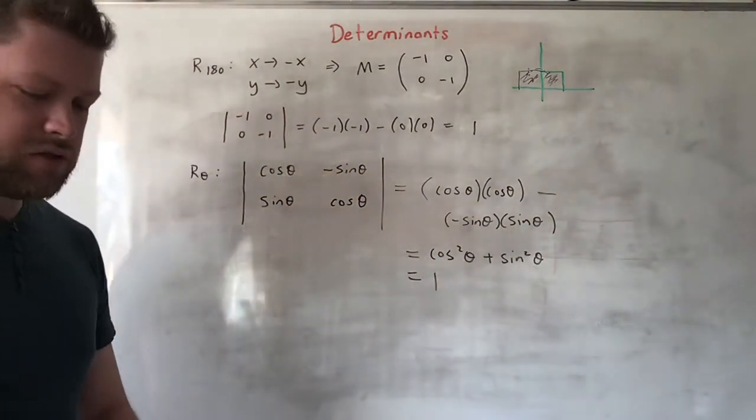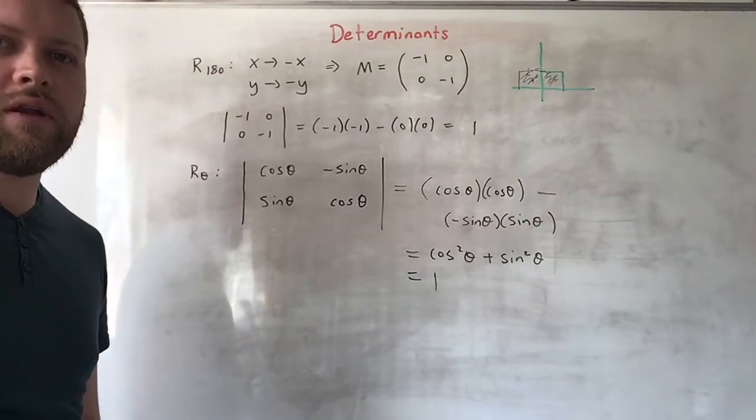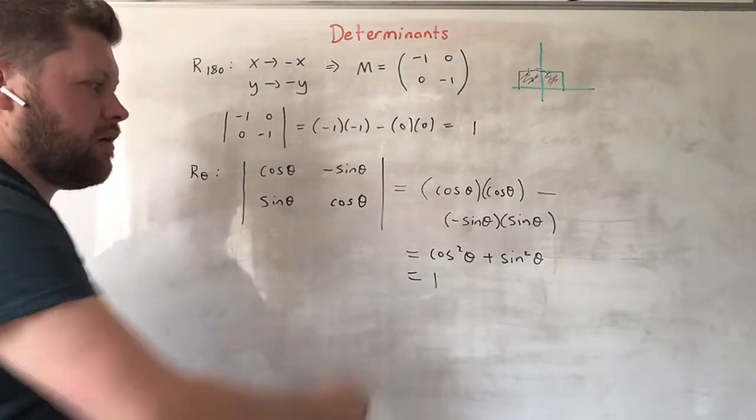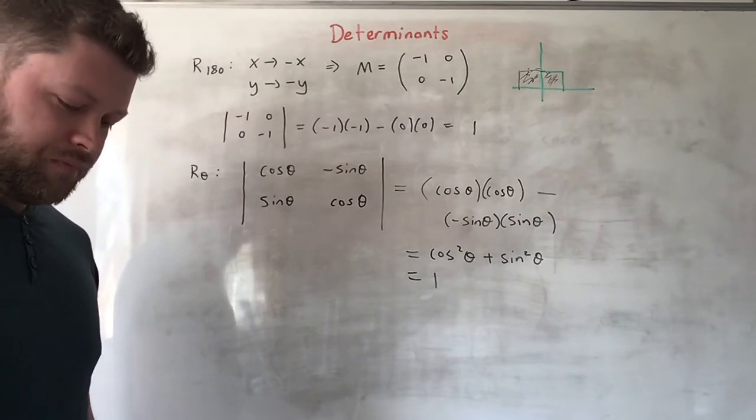Again, for any rotation, doesn't matter if it's 180 degrees or 90 degrees or 1000 degrees or 4.7, it can never change the area. It's just a rotation.